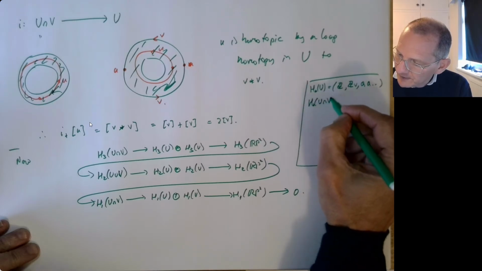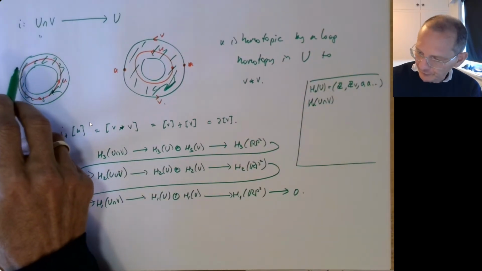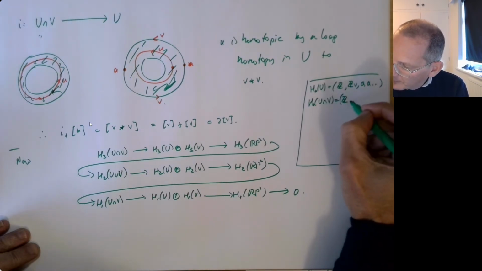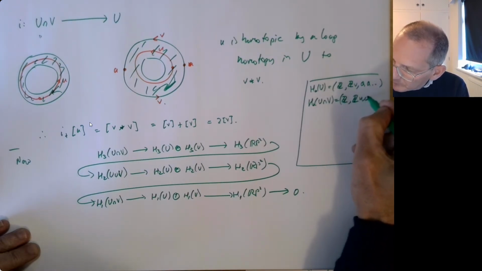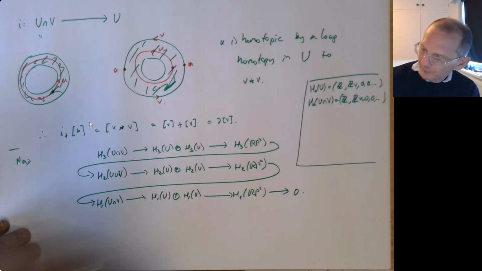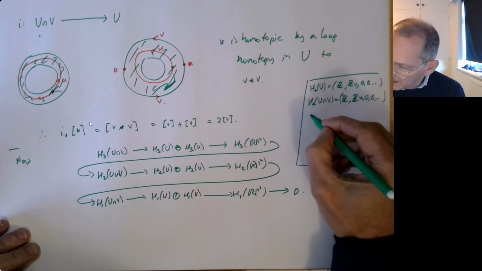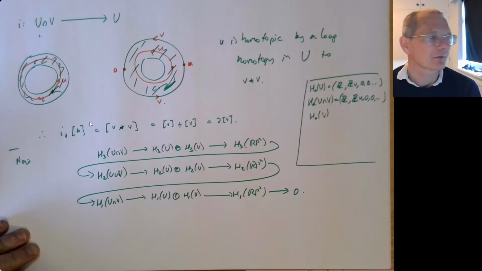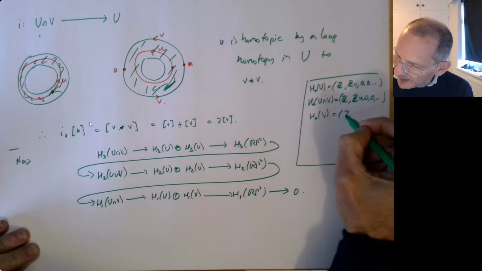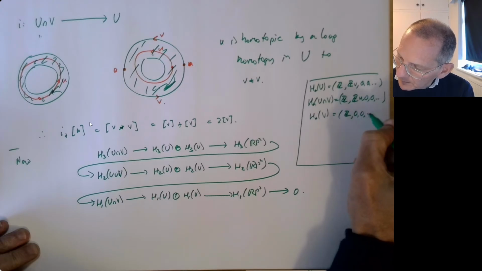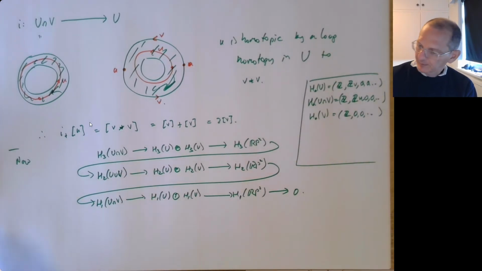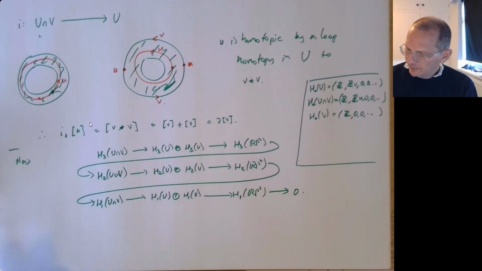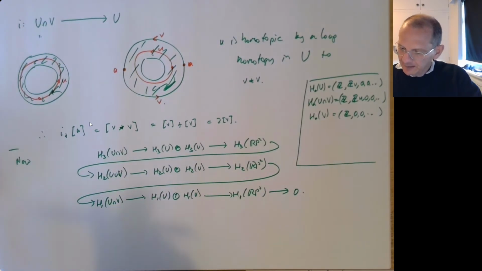Homology of U intersect V: again, this is homotopy equivalent to a circle, so we've got Z and then ZU and zeros. And then V was contractible, just like a disk. Homology of V is just Z and then zeros. Okay, and these Z's in degree 0 are not appearing here in the truncated Mayer-Vietoris sequence, so they're not the interesting part.